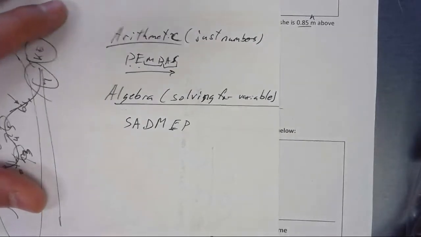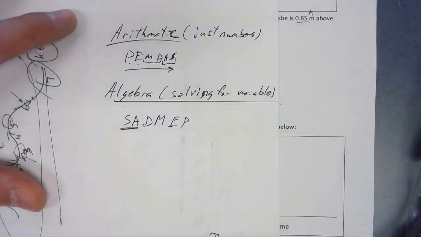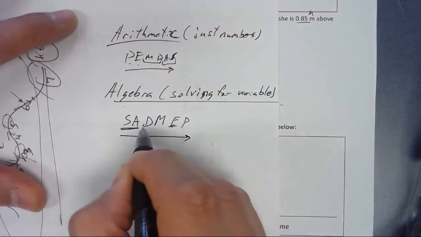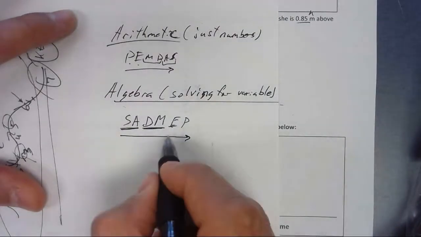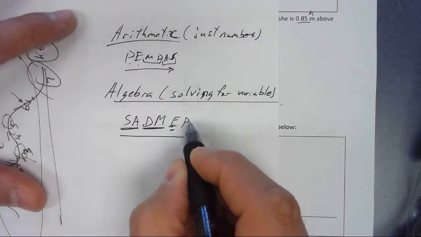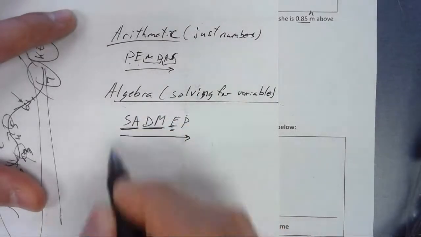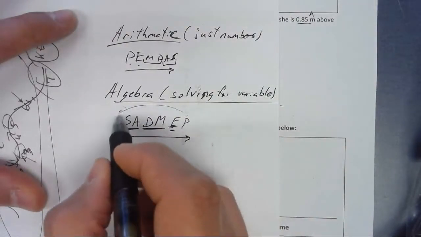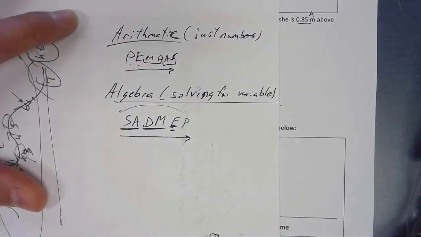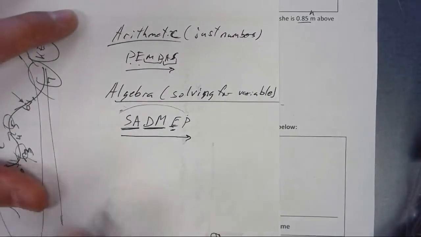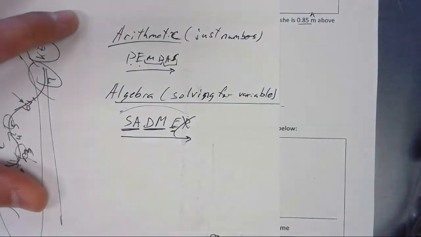You actually do your add, subtract first, then your multiply, divide, then your exponent, and truthfully we probably would put the parentheses at the front. That's always got to be done first because of what parentheses means, but in terms of these operations. We don't have any parentheses in this problem, so that doesn't matter anyway. So we're going to do our add, subtract first.